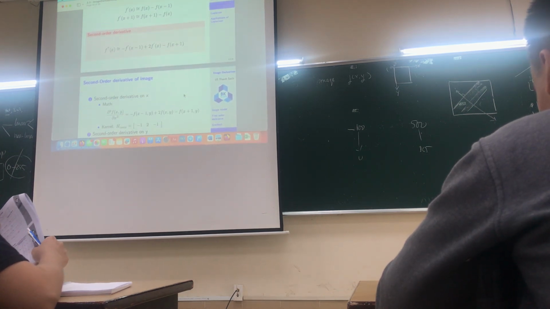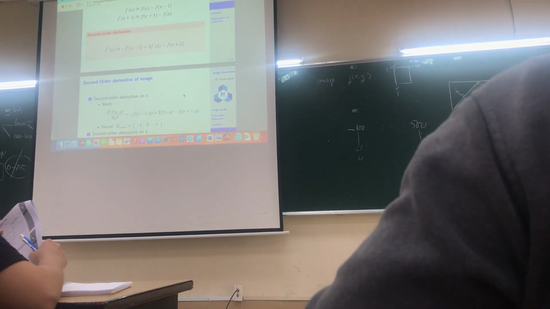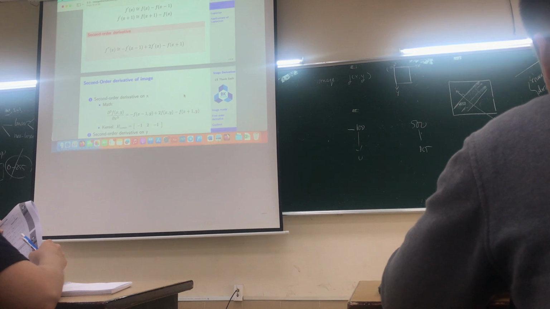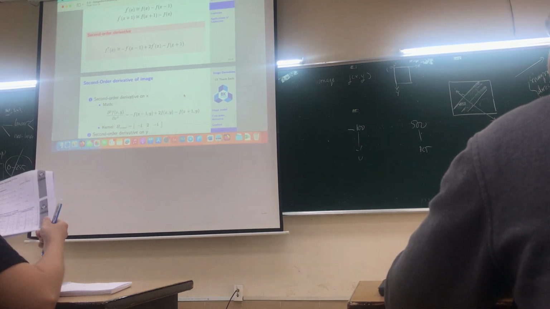So again, you can compute the second order derivative of the function by using convolution. The question when using convolution is what is the value of W for that?